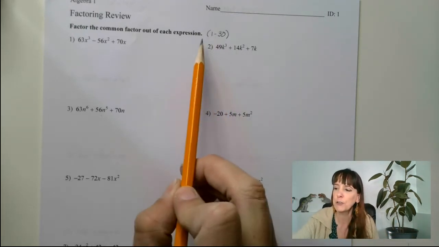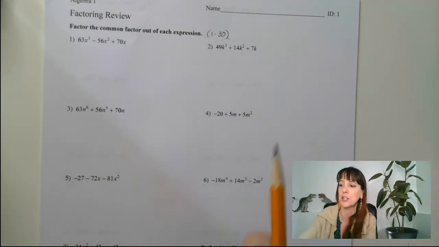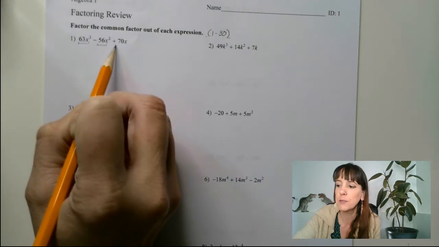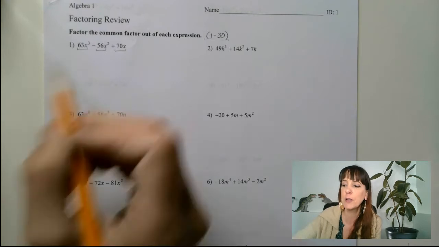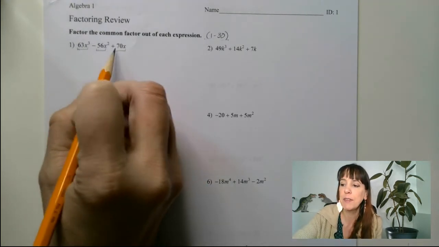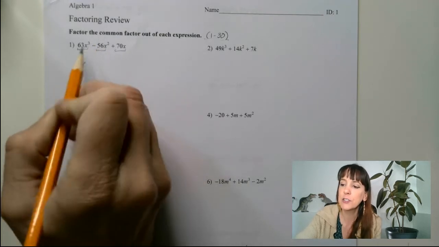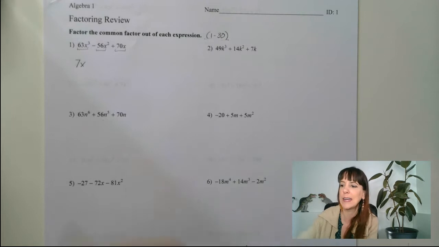So for the first 30 problems, 1 through 30, we're going to factor out the greatest common factor from each expression. Now, guys, chunks are broken up by addition and subtraction, right? So we've got 3 chunks here. All 3 of those chunks have a couple things in common. The first one is 7. 7 can be factored out of each of those. The other thing is x. There are 3 x's here, 2 x's here, 1 x here, which means the most that we can take out is just that 1 x.